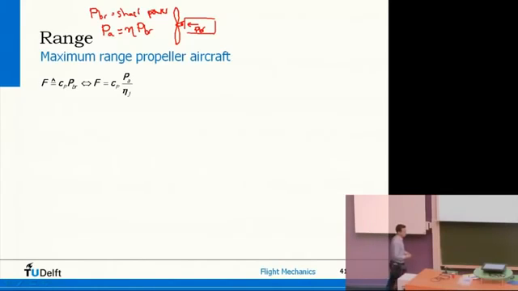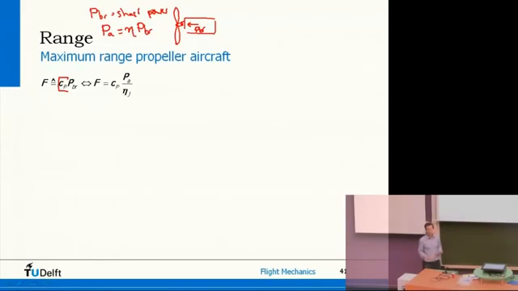So what we can say is, okay, fuel flow is some kind of a parameter multiplied with the shaft power. You can imagine the more shaft power you want, the more fuel flow you have.